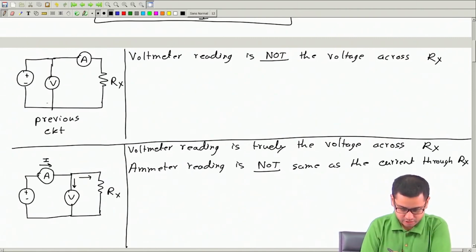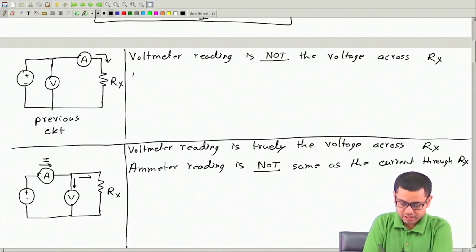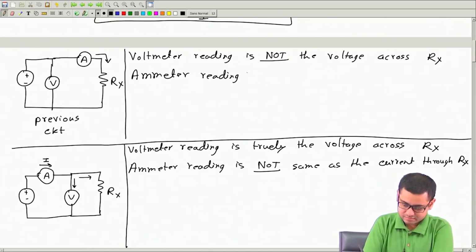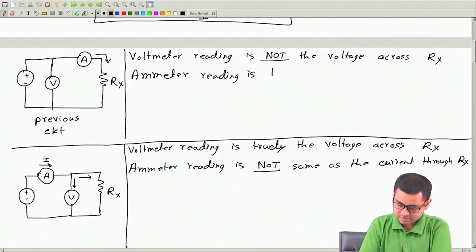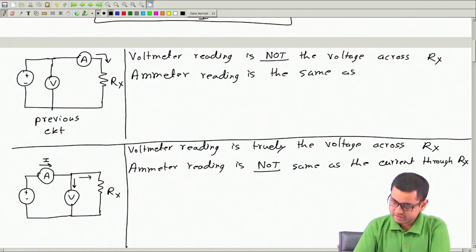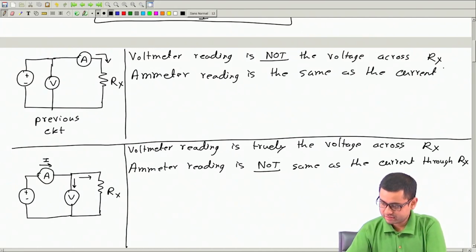But let's see the previous circuit. In the previous circuit, the ammeter was fine, because whatever current goes through the ammeter, the same current must go through Rx. So here the ammeter reading was the same as the current through Rx.